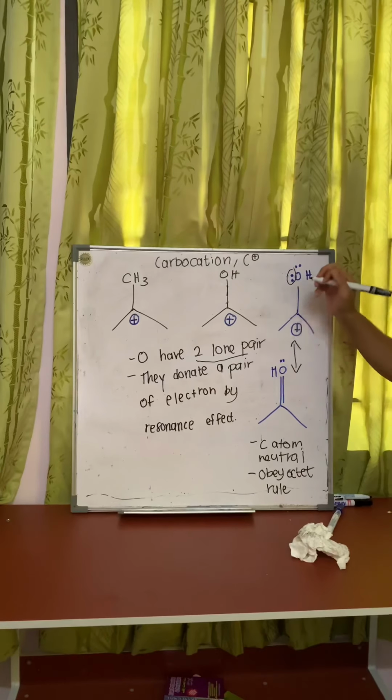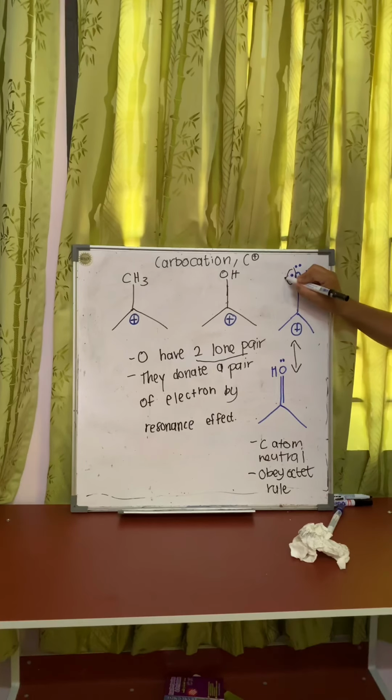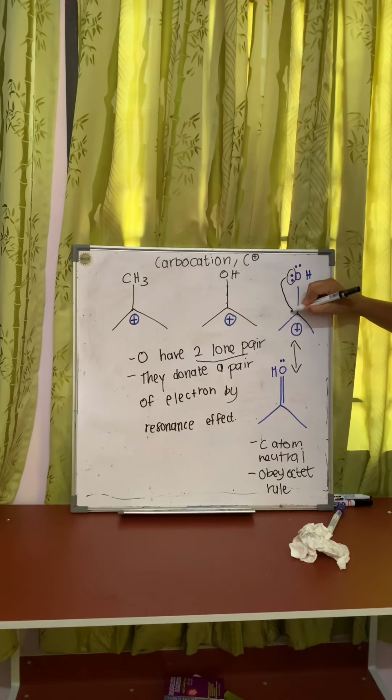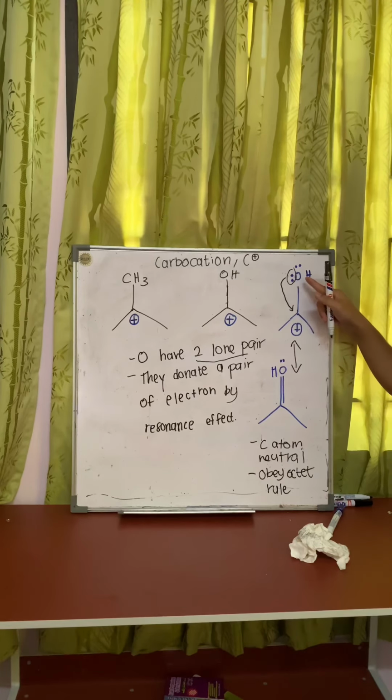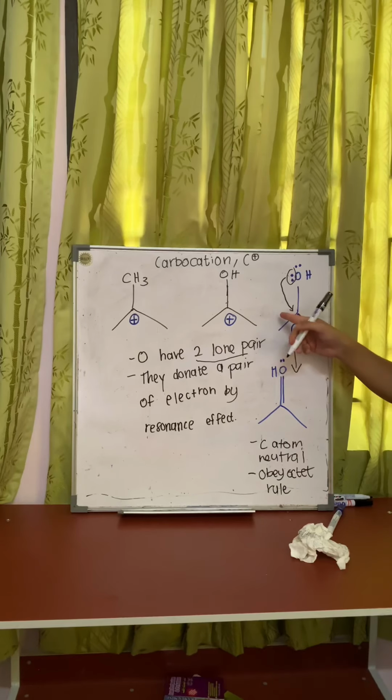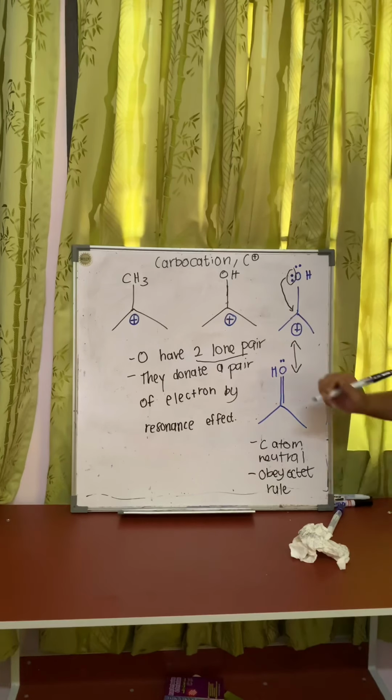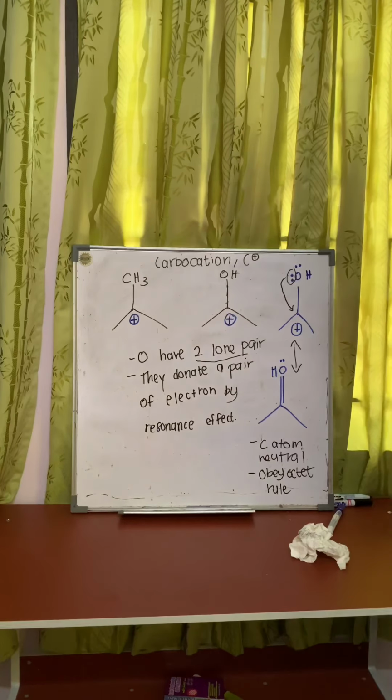So this is what we call the resonance effect. When the oxygen donates the electron to the carbocation, it will form a new bond here, so the carbocation can be stabilized.